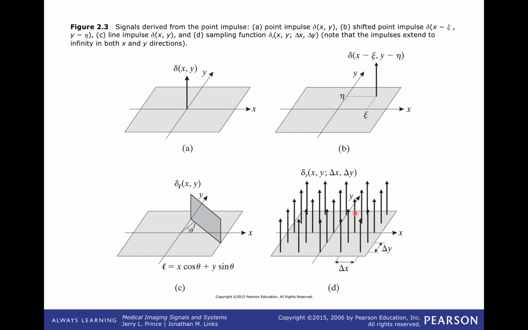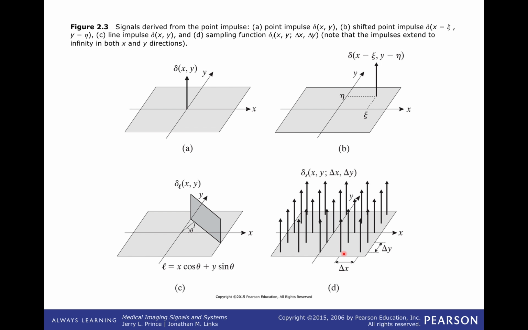And that's this one here, and then 2 times delta x is here. That whole array of those is called a sampling grid. And you can imagine how this is quite useful because our picture is on a grid, right? And so we can model what's happening at points on this sampling grid.